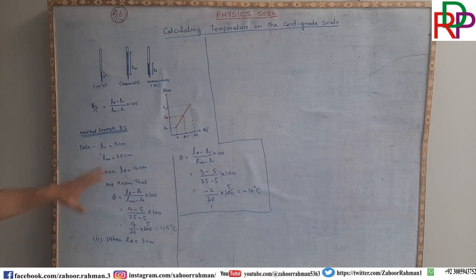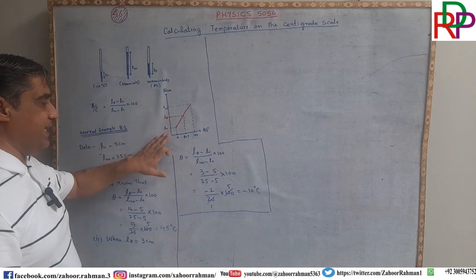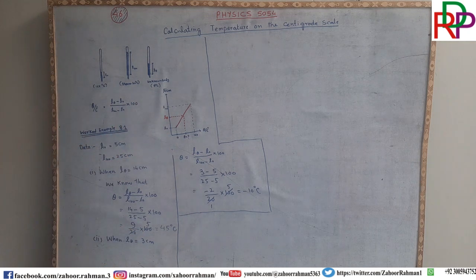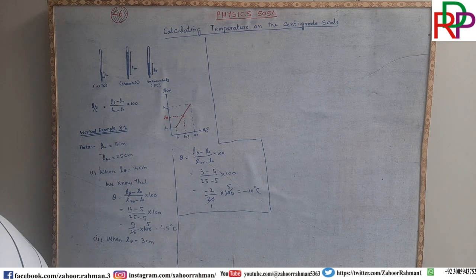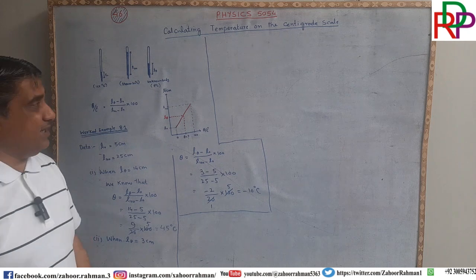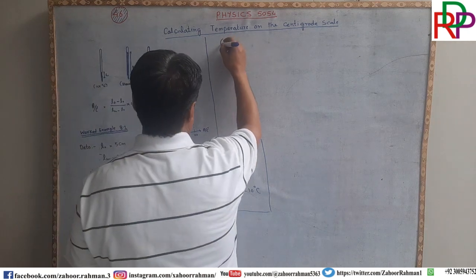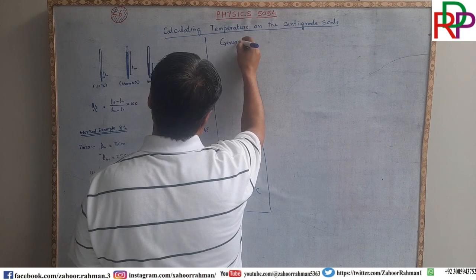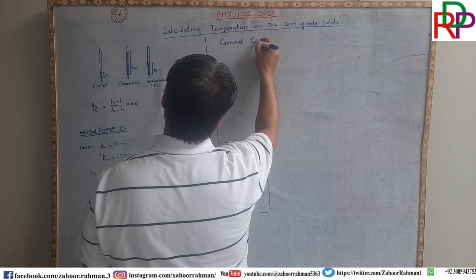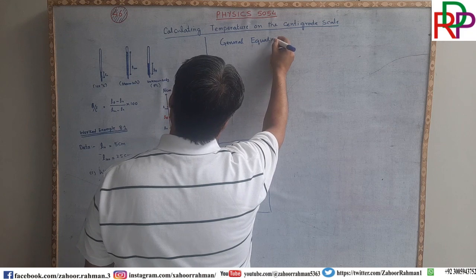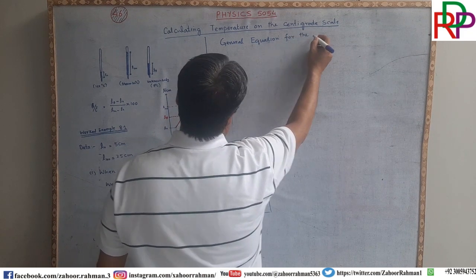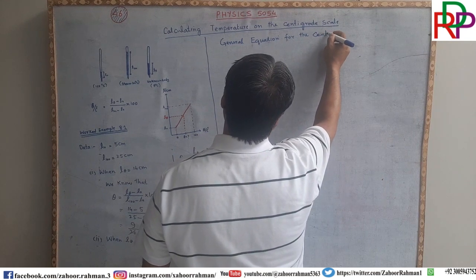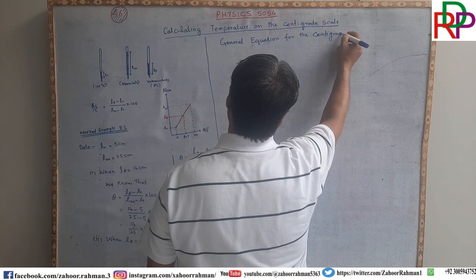So you can use this graph to find these values, and you can also use these mathematical formulae. General equation for the centigrade scale.